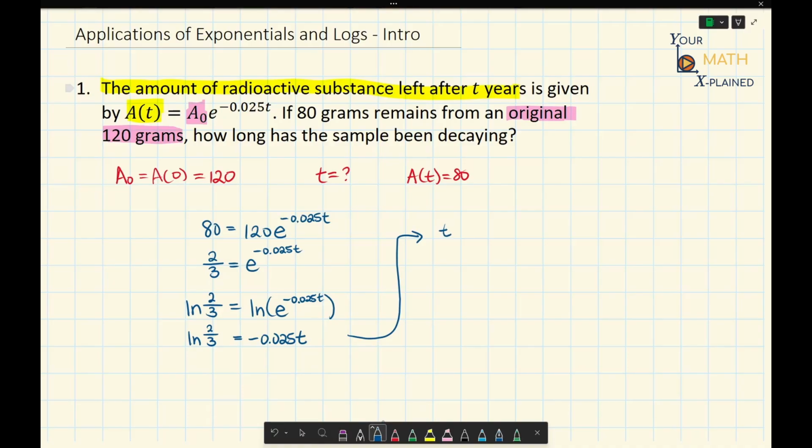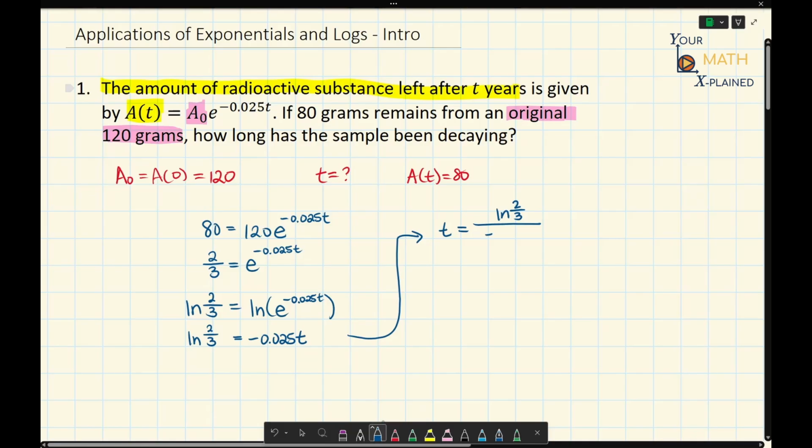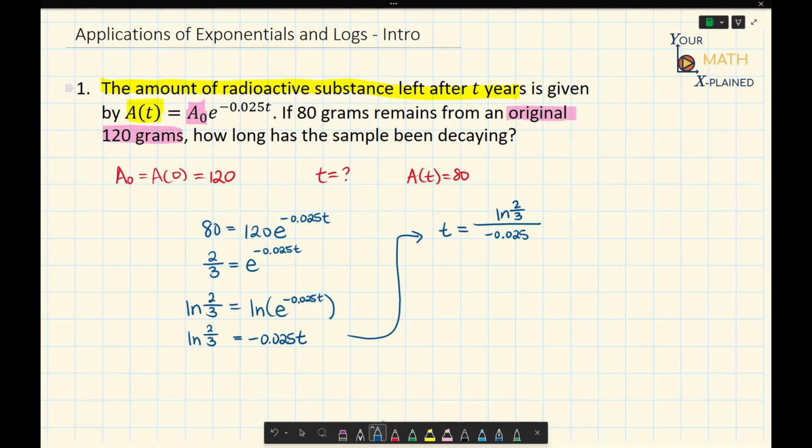So then we get t is equal to ln of 2 over 3 divided by negative 0.025. Okay, and if you put that into your calculator, this is going to be roughly 16.2. And since t is in years, make sure we have our unit, so that'll be years.